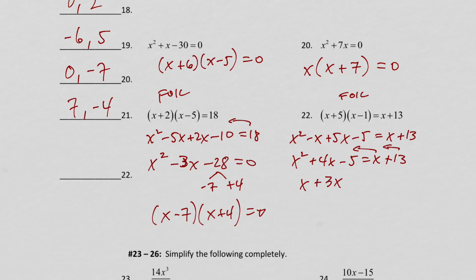And I'll bring this over. Negative 5 minus 13 is negative 18 equals 0. So I'm looking for factors of negative 18 that add up to positive 3. So x plus 6 and x minus 3. These multiply to negative 18 but add up to positive 3. So this gives us a negative 6, this gives us a positive 3.